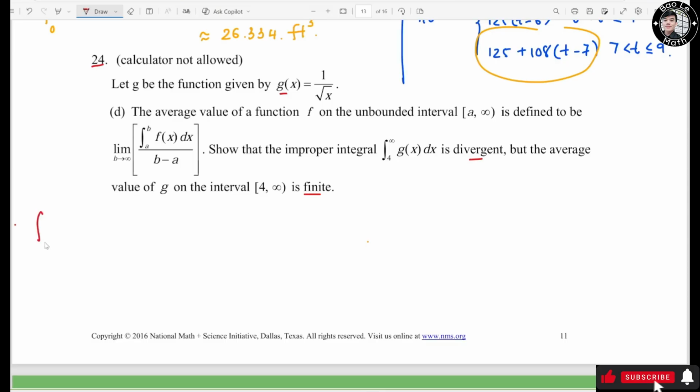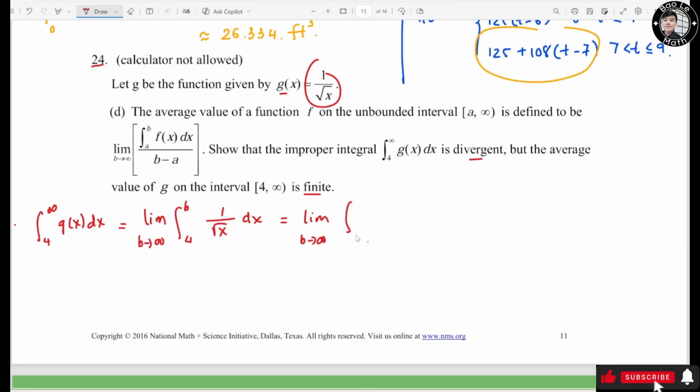We have the integral from 4 to infinity of g of s ds equals the limit as b approaches infinity of the integral from 4 to b of g of s ds, but g of s equals this one. So it's going to be the limit as b approaches infinity of the integral from 4 to b of s to the power of negative 1/2 ds, right?